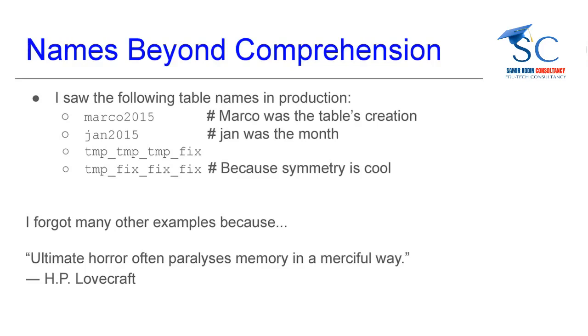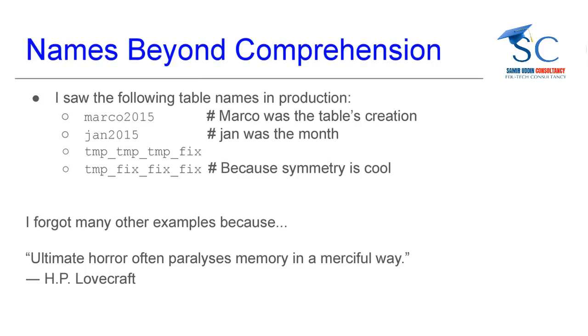And then there was also Jan and then year. You may think it was created by someone called Jan, but no, actually in this case, Jan was January. And then there were also these very interesting names, temp, fix, and then also temp, fix, which is kind of symmetric.